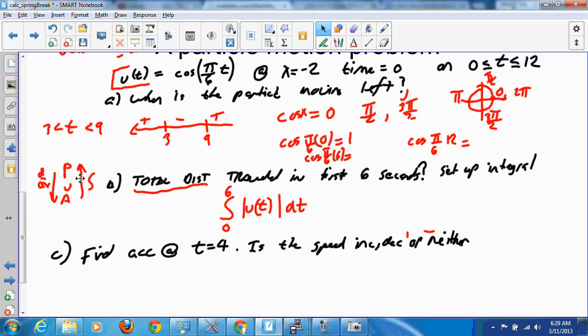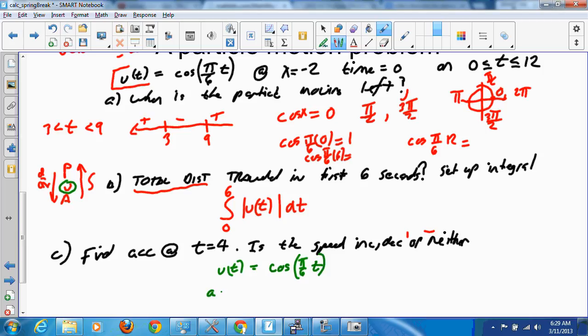Alright, so we are sitting right here at velocity, right? And we want to go to acceleration, so we have to take the derivative of the velocity function. So the velocity function equals cosine pi over 6 times t. Take the first derivative and that will take us to the acceleration.